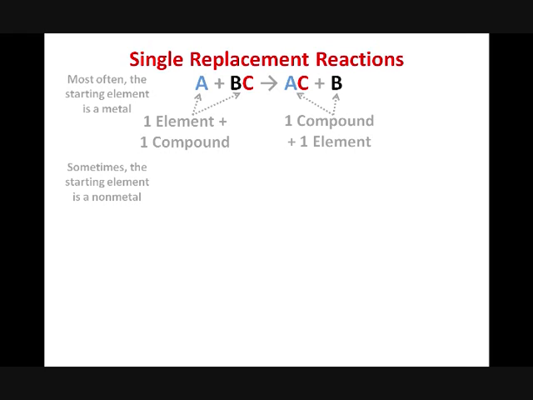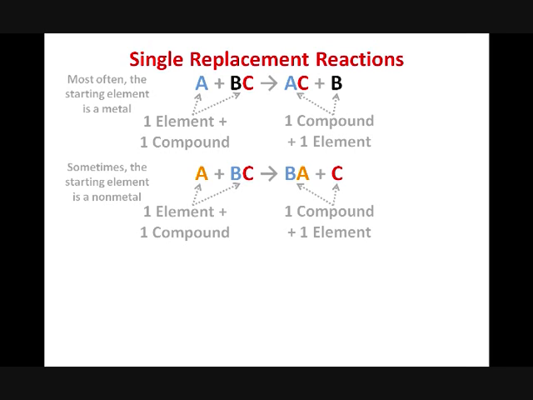But sometimes the starting element is a nonmetal, and most likely, if it's a nonmetal, it's going to be an element from the halogen family, like fluorine, chlorine, bromine, or iodine. In this case, the two nonmetals are going to fight over that metal. So we'll see the two halogen elements switching places instead of the metals.